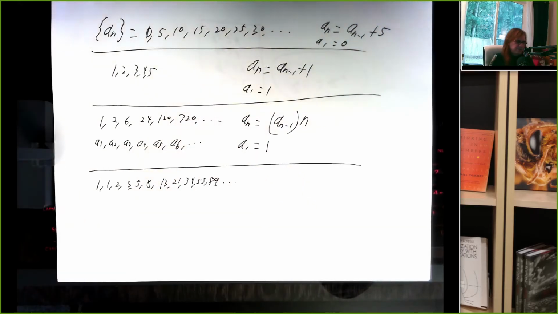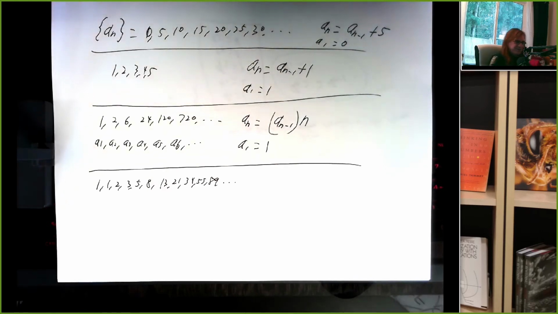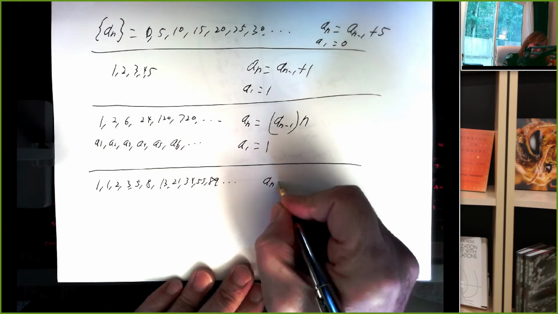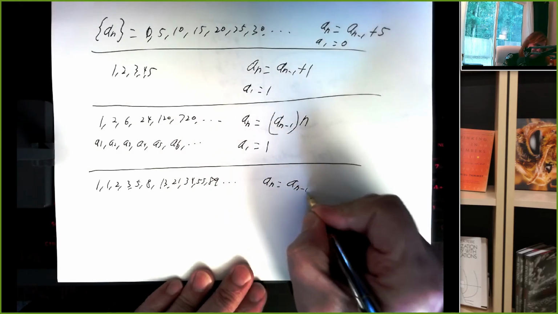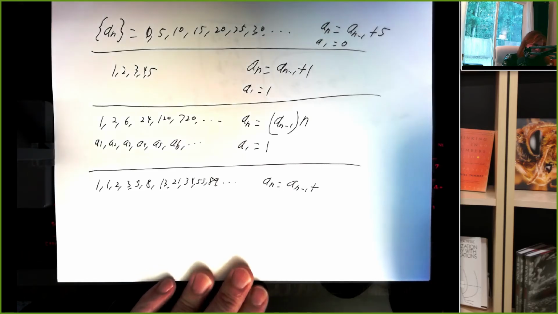Alright, how about this sequence? Some of you have seen this before. Fibonacci? That's the Fibonacci sequence. So how do we find the nth term of the Fibonacci sequence? It's the number before plus itself. Almost. 1 plus 1 is 2, 1 plus 2 is 3, 2 plus 3 is 5.